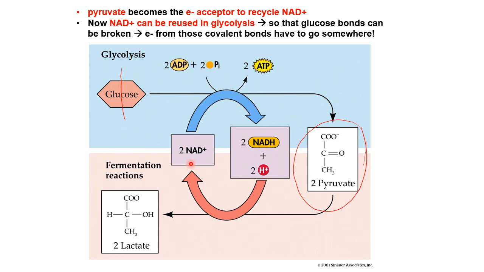Its job is to carry electrons somewhere, and then dump the electron somewhere to come back and pick up some more electrons, because this muscle is working and it only has glucose to use for energy. So this guy here has to be available, okay? Where is it going to dump those electrons? Or those protons, right? Where is it going to dump it?